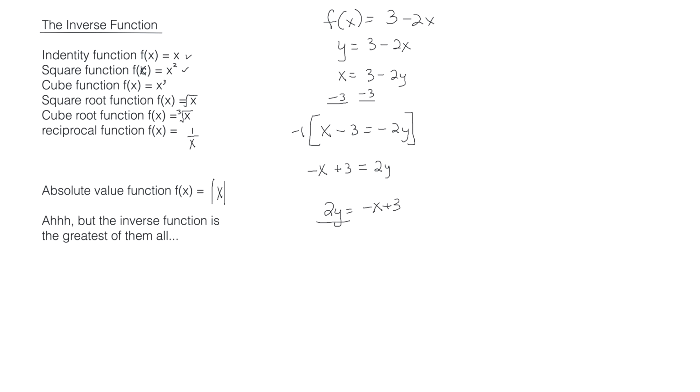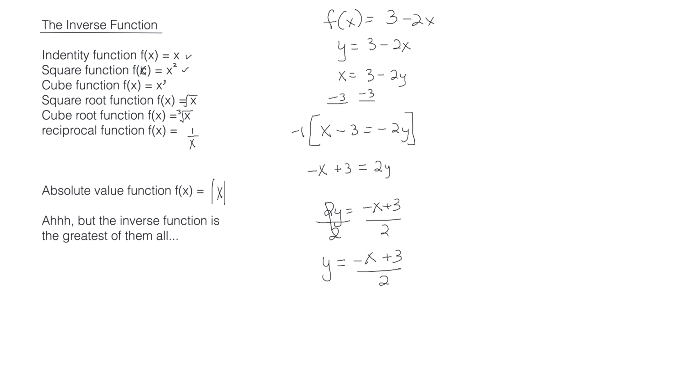Divide by 2, both sides. I end up with y equals minus x plus 3 over 2. And that is my inverse function. I didn't like that. Okay, so wait. Let me take another minus, let all the minus x there. Do it again.